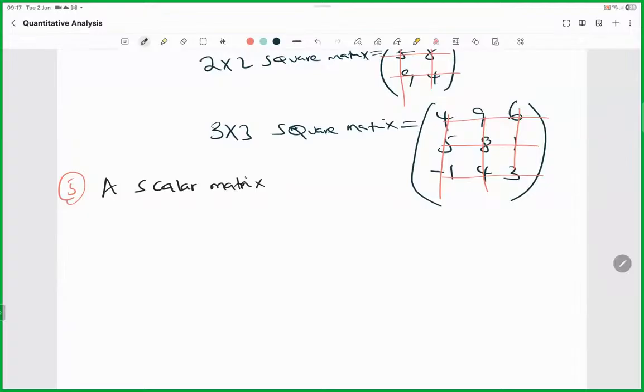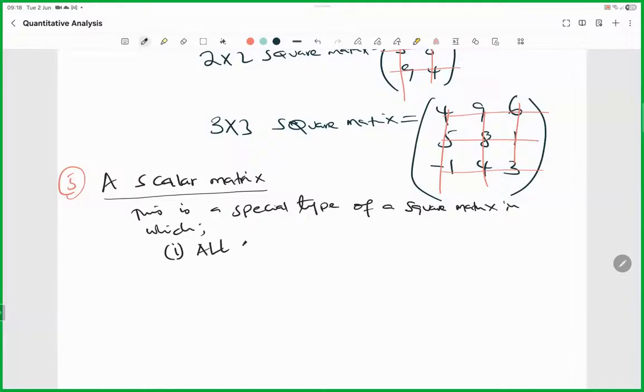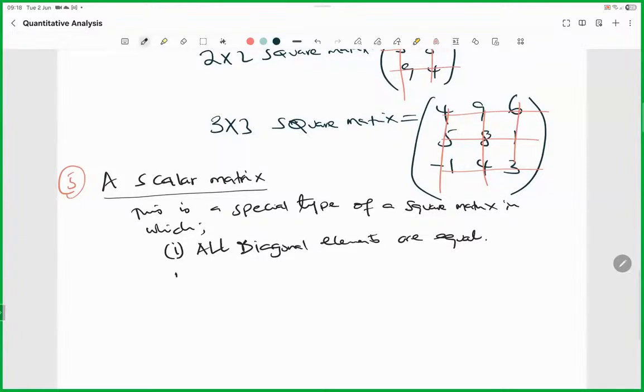This is a special type of square matrix in which all main diagonal elements are equal and all off-diagonal elements are 0.